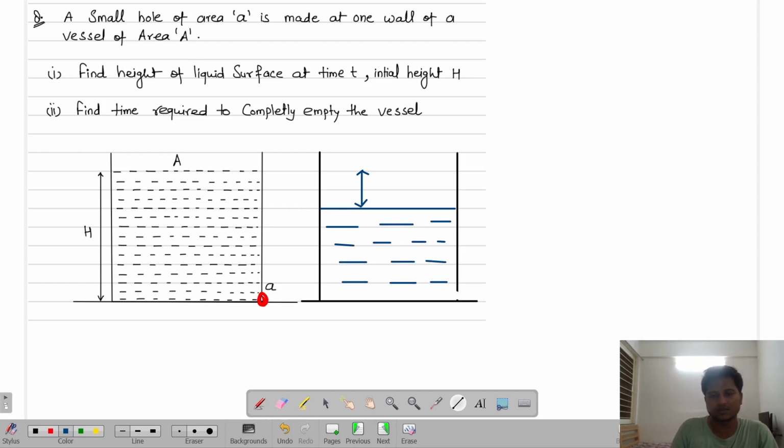So there is this height change. This was my original height. Now the height from the ground is different. You have to find this relation of height with respect to time. Let's suppose this is h. So you have to find h with respect to time.